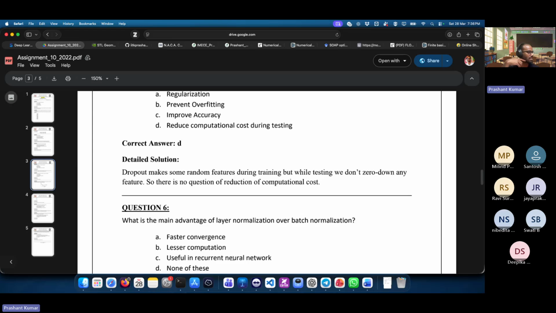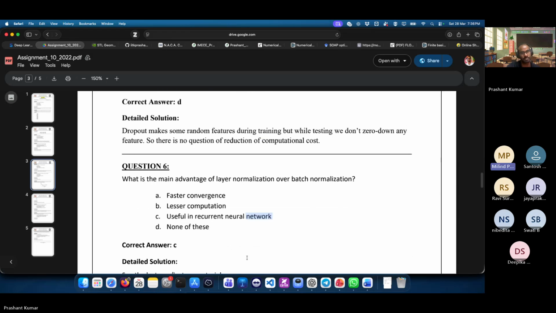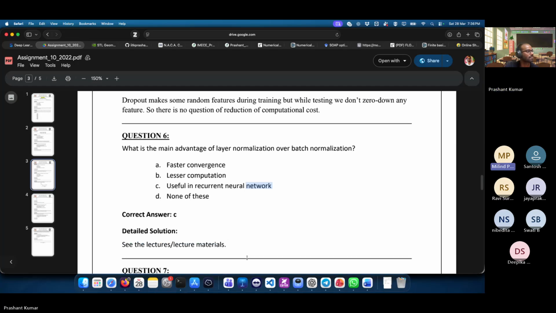We need one input and multiple features of it for layer normalization, right? So we can directly use it in the RNN. That means for one image, all the kernels we can use at a time. We don't have to wait for the second image to process through the same kernel, because we are trying to find the mu and sigma over all the kernels for that input.